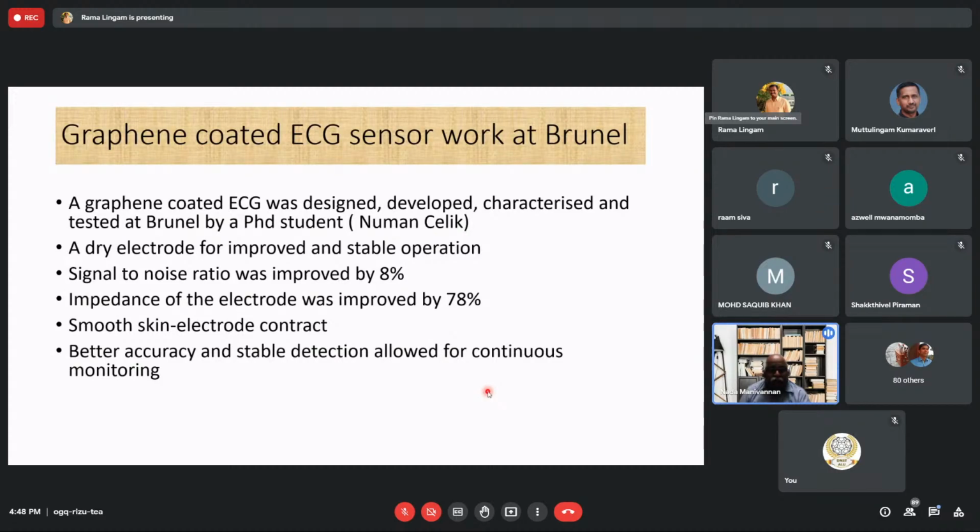The impedance of the electrode was improved by 78%. The impedance is the resistance between the electrode and the skin when it's connected. We can measure the resistance between two points within the electrode and see how much it's improved. Smooth skin electrode contact means better accuracy, and the stable detection allowed for continuous monitoring. So this is one potential improvement towards the continuous monitoring of ECG signal.